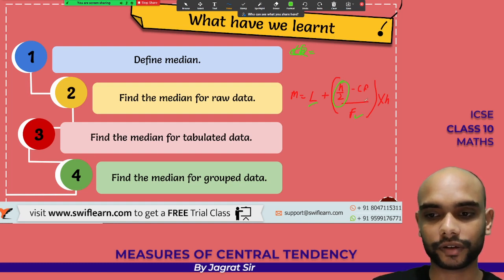In the table, you know the frequency. CF is not of the median class; it is the cumulative frequency of the row above the median class, and h is the difference between the upper limit and the lower limit.